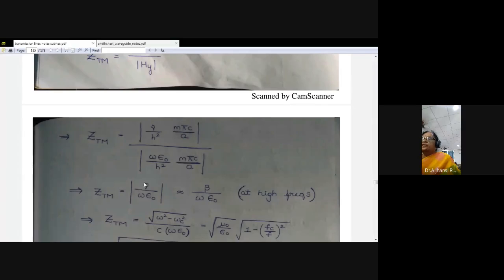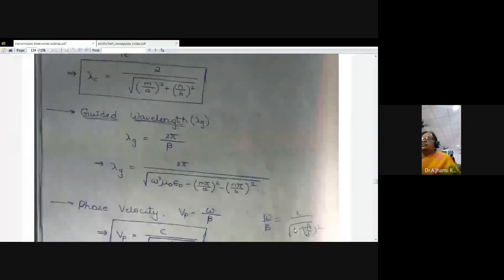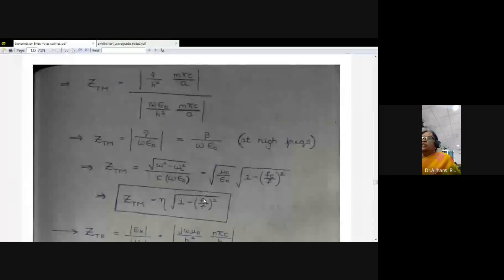Or you can say beta, if you substitute, in terms of square root of 1 minus (fc by f) whole square. Now this is ZTM equal to, if you simplify, c equal to 1 by square root of mu naught epsilon naught. And if you substitute omega equal to 2 pi f, omega c equal to 2 pi fc, and in the denominator also you have omega equal to 2 pi f.